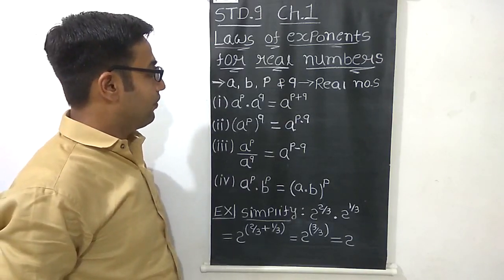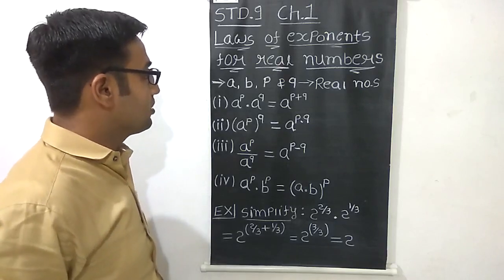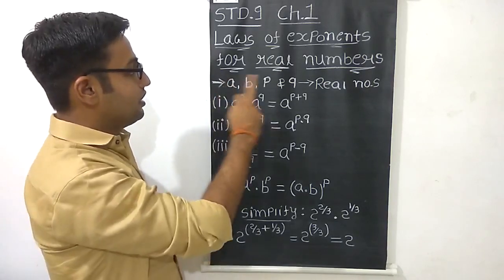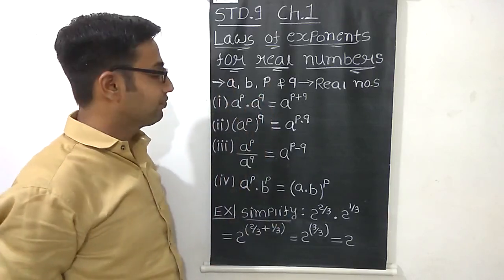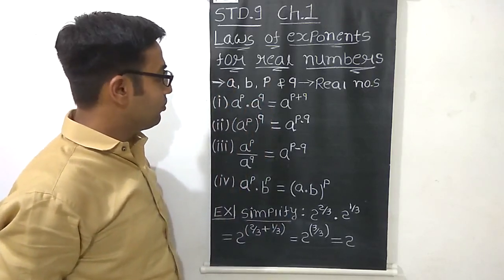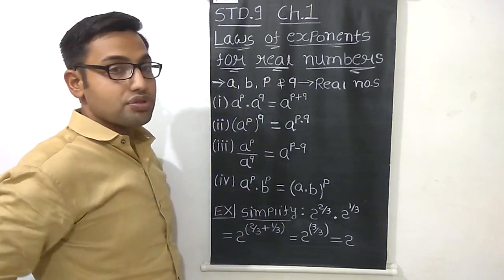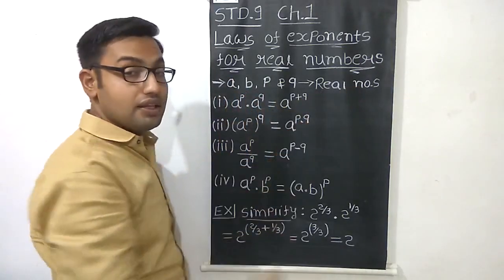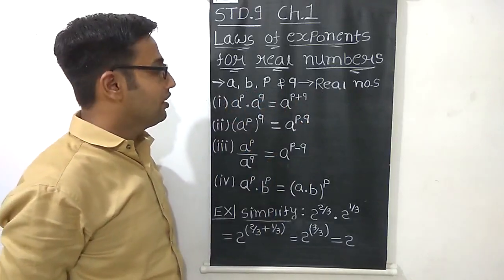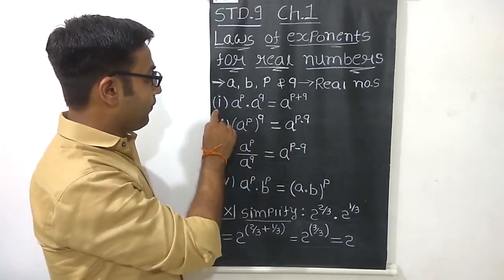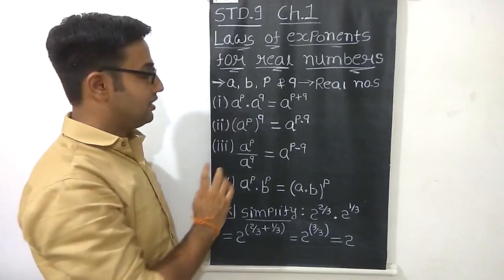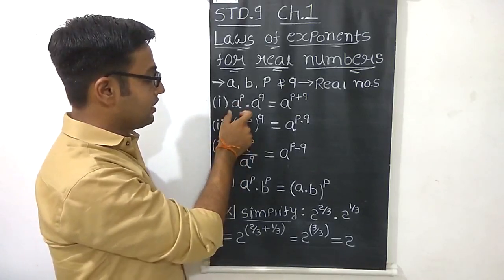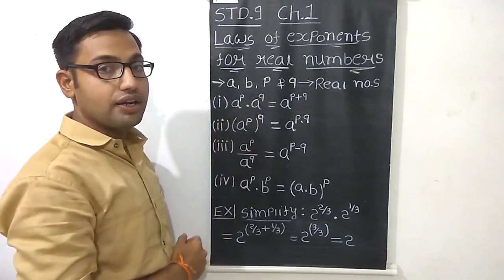First of all, we will study these four laws of exponents. First thing we have to consider is that a, b, p and q are real numbers. The first law of exponents: a raised to power p multiplied by a raised to power q.